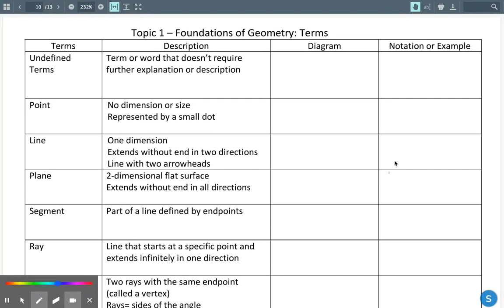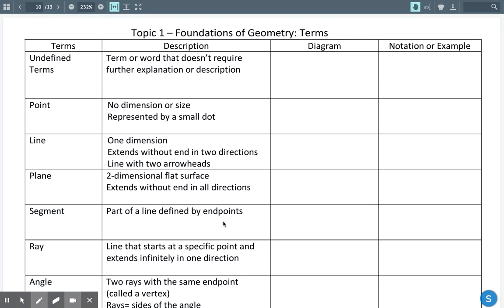Okay, so here we are in the back of the packet, under where it says terms, because we're going to be looking at our vocabulary. We have a lot of vocabulary to cover, so I'm just going to go ahead and get started. Our first term is an undefined term.